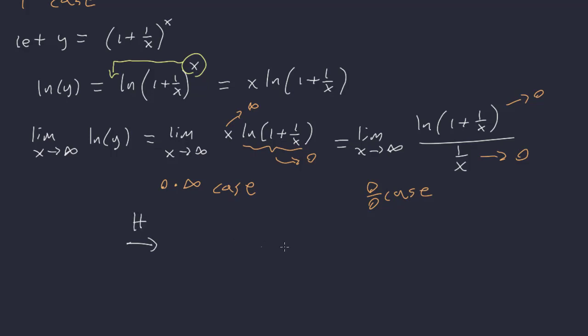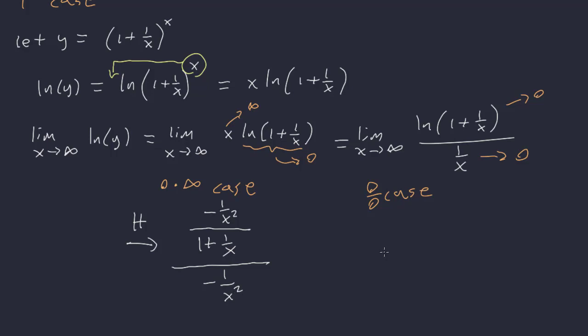All right, so using L'Hopital's rule, we'll take the derivative of the top. So this is natural log of the stuff, so it will be the derivative of the stuff. So derivative of 1 is 0. Derivative of 1 over x is negative 1 over x squared, all over the stuff left alone. And this whole thing all over the derivative of 1 over x, which is going to be negative 1 over x squared.